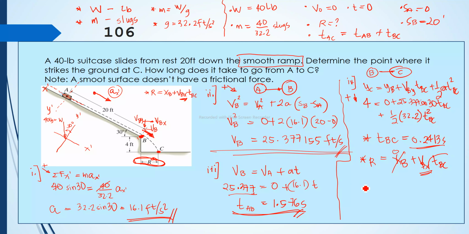Then finally we have our R. The range is 5.30 feet. And our total time traveled is just the time from A to B plus the time from B to C, which is equal to 1.8175 seconds.